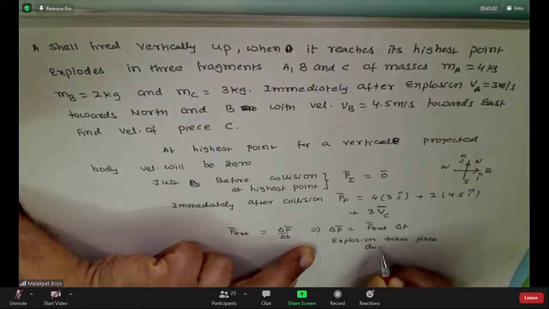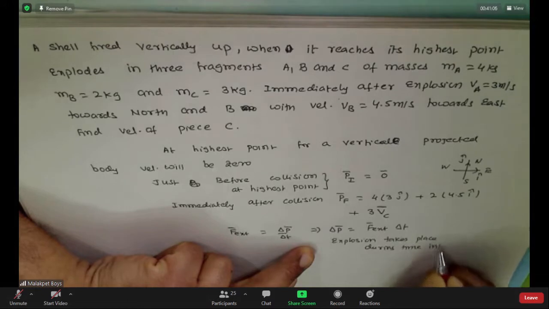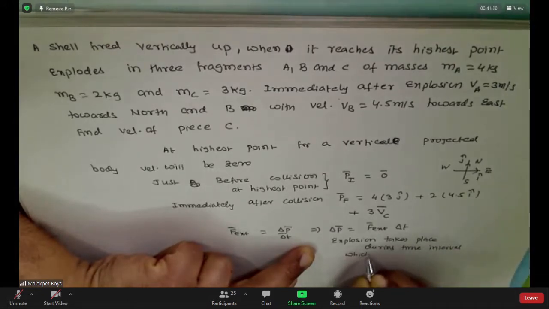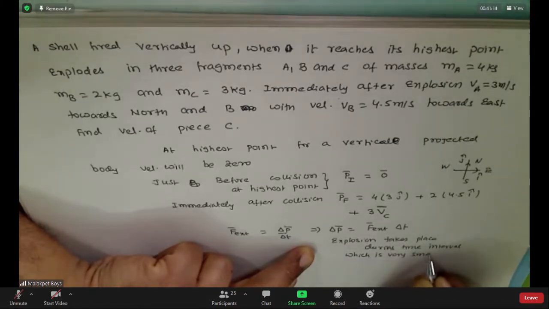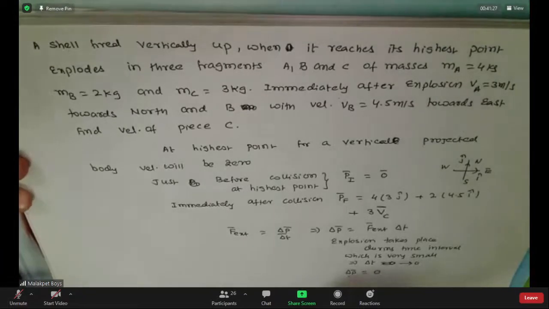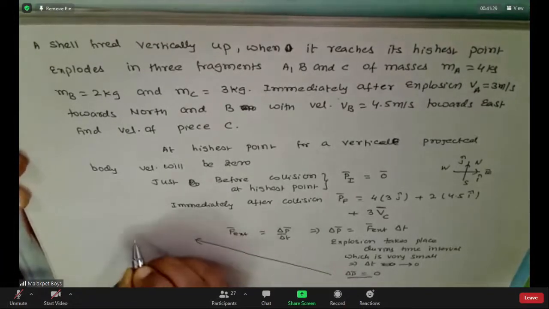So this way also you can interpret. This implies delta t is almost 0. So in this case, you can conserve momentum.